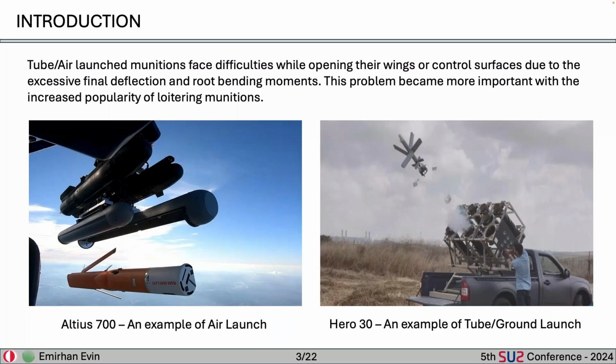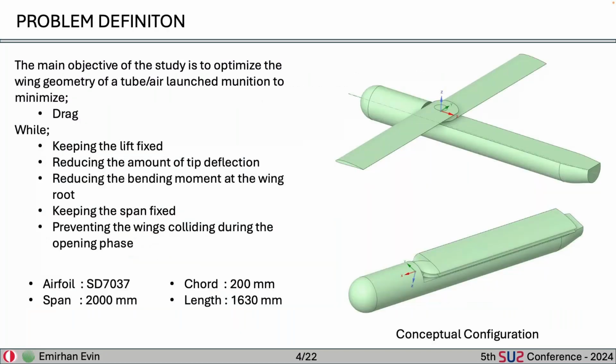This problem becomes more important with the increased popularity of loitering munitions because, as you can see in the two pictures, these have huge wings and they need to overcome a lot of drag while opening. So I will define the problem.